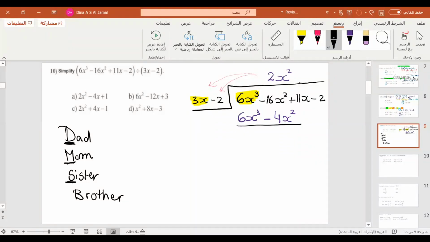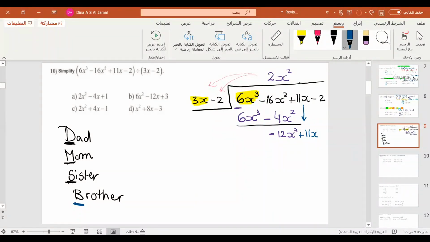Then S here in the sister means subtract. So whenever you are subtracting here, you will be getting minus 12x squared. Then what is the brother here? It will be bring down. That means bring down here the 11x.